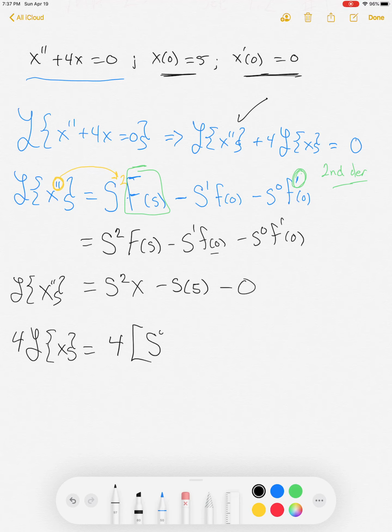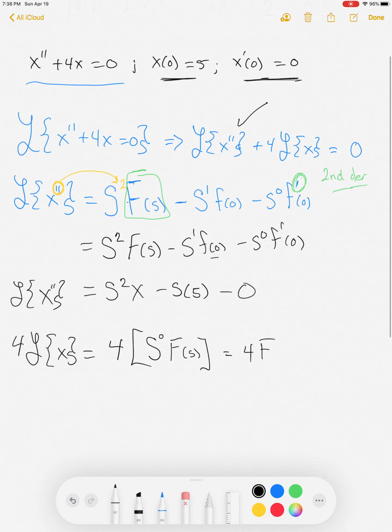So this is s to the 0 times f of s, and s to the 0 is 1. So 4 times f of s, and in this case, we're writing this as x's, so 4 times x. Then I just put that together with what I've already done.